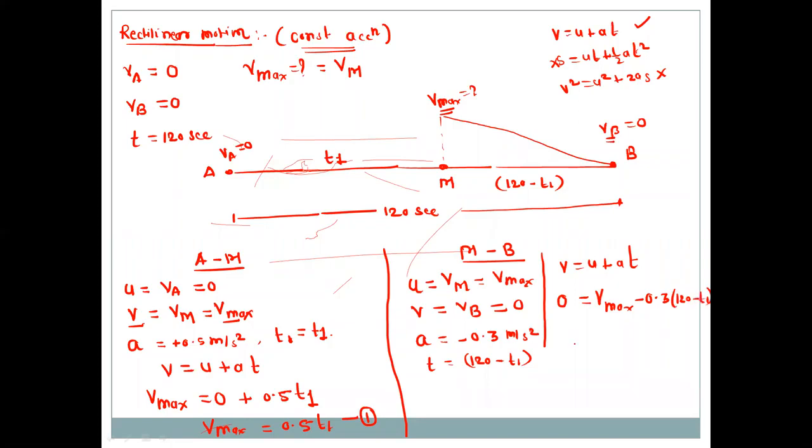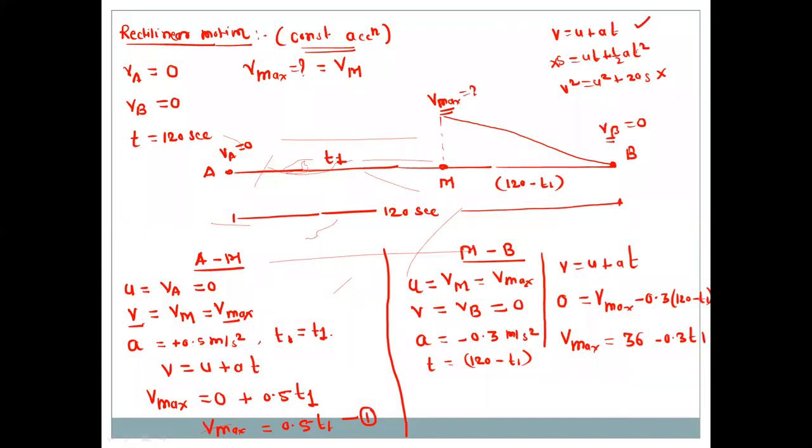So we get Vmax is equal to, shifting the negative sign to the left side so it becomes positive, 0.3 into 120, which is 36, minus 0.3 t1.